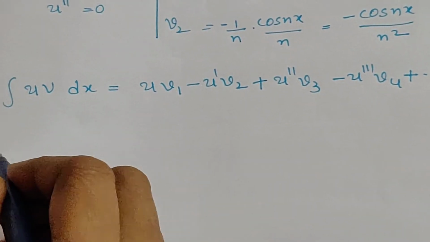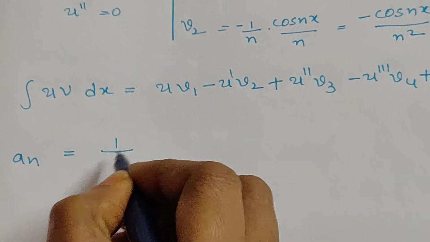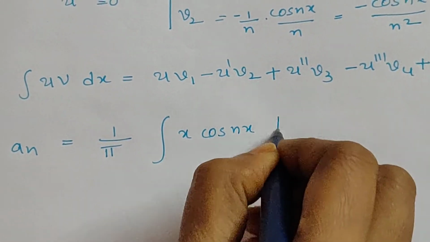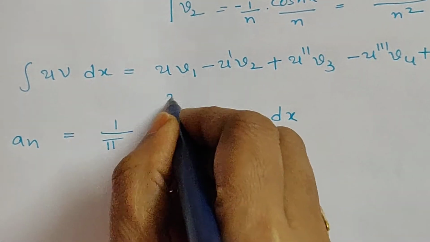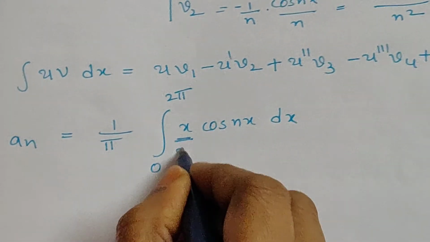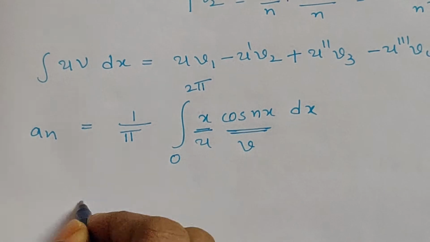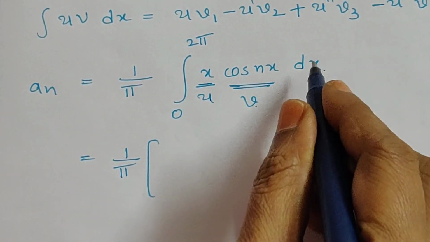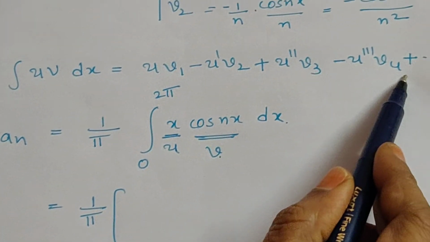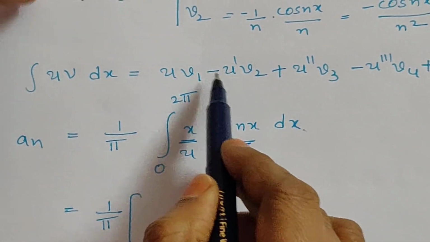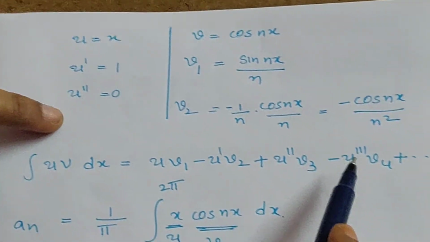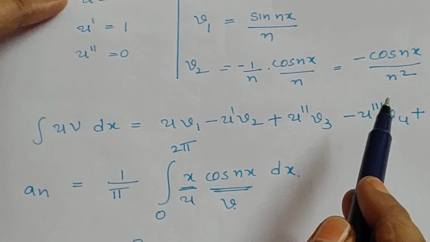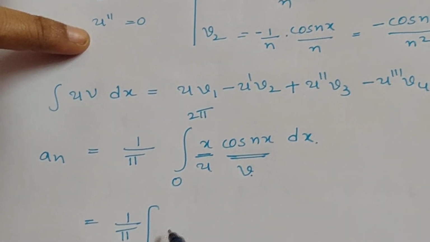So to find an, 1/π ∫ x cos nx dx, limits from 0 to 2π. Take this as u and this as v, then apply the by-parts formula. We already determined u', u'' and v1, v2. Keep this formula in mind, observe these symbols and note down the values.